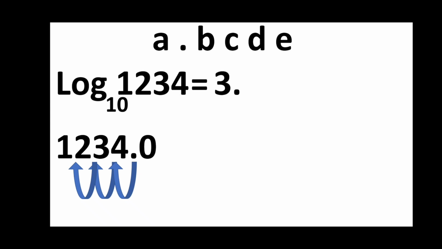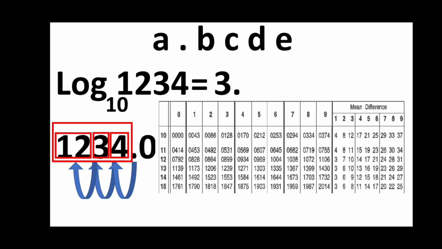Step 2. Now make 3 groups from this 4-digit number. The first group should have 2 numbers, that is 12 here. The second and third groups should have 1 number each, that is 3 and 4. Refer to your logbook. In the row section, look for number 12, and in the column section, look for number 3.